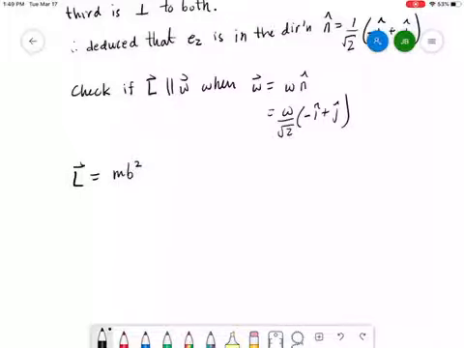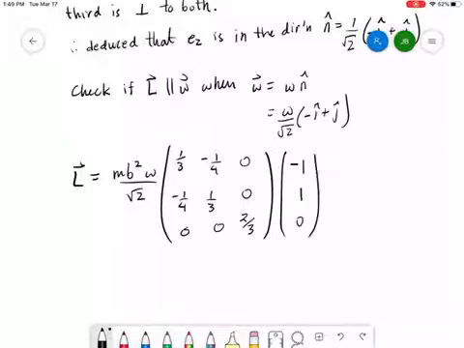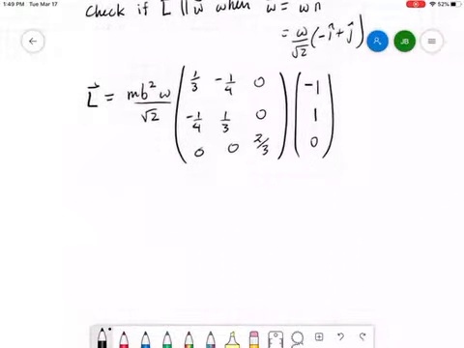When we multiply by omega, we'll pick up the omega over root 2 factor. And then we have 1/3, minus 1/4, 0, minus 1/4, 1/3, 0, 0, 0, 2/3. And so now we have a component along minus x and plus y, but nothing along z. Okay.